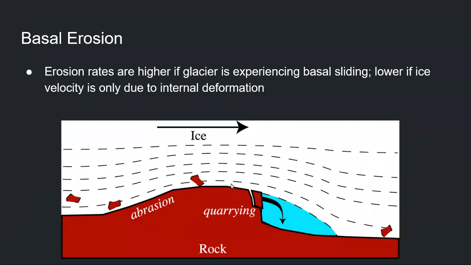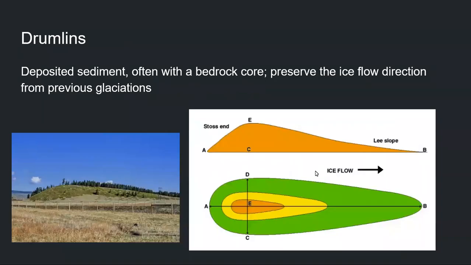And all that material is going to be deposited on the quarrying side where you have that blue shape, and you're going to create a more gentle slope on the side where the sediments are brought to, which is why drumlins like that, which are deposited sediments, often with a bedrock core, really show us the direction of the ice flow from previous glaciation. Wherever the slope is gentle is where the ice was going, and wherever the slope is steep, that's where the ice is coming from.